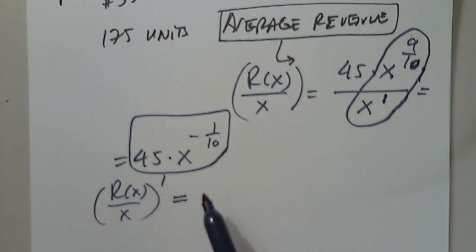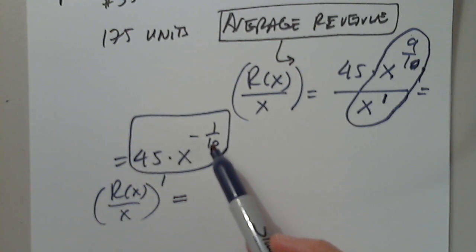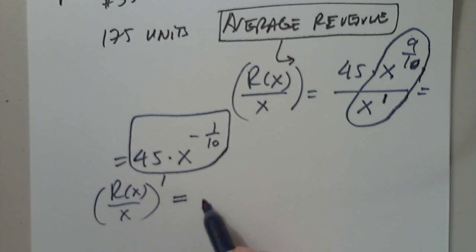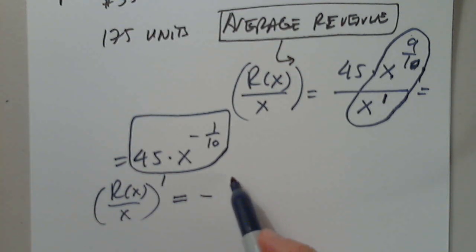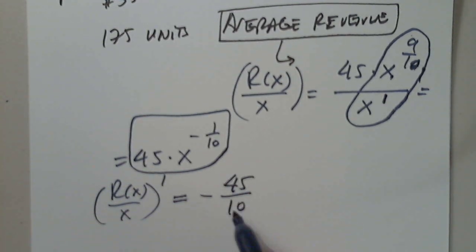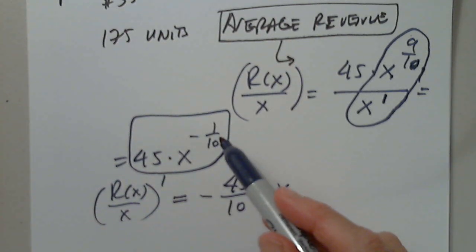Do we have to take the derivative of x raised to -1/10? Good. So how do I proceed? Correct. Yes. So I'm not sure, but I think it would be 1/10. Yes. -45/10 times x to which power?